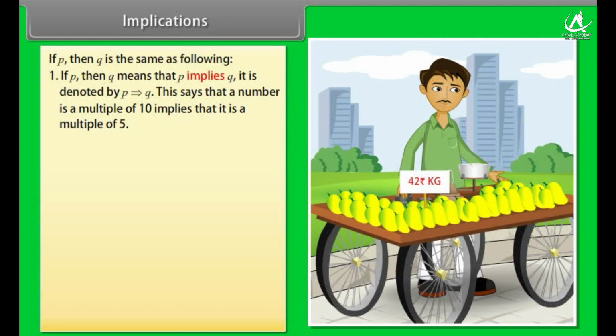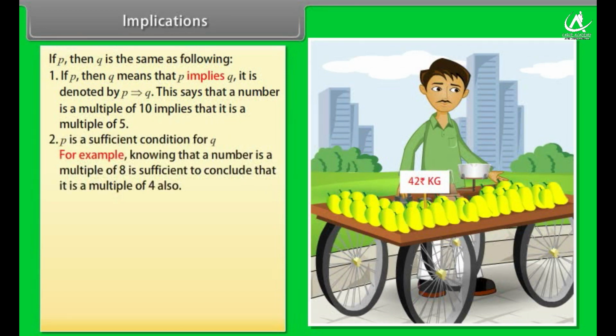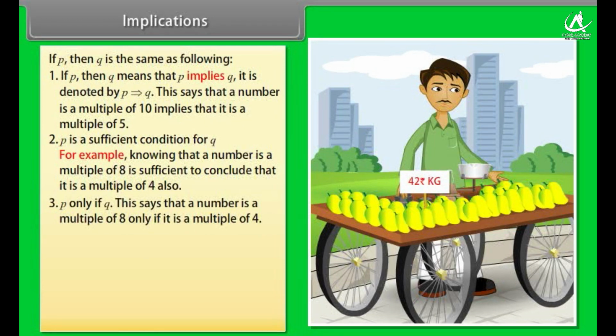This says that a number is a multiple of 10 implies that it is a multiple of 5. P is a sufficient condition for Q. For example, knowing that a number is a multiple of 8 is sufficient to conclude that it is a multiple of 4 also. "P only if Q".